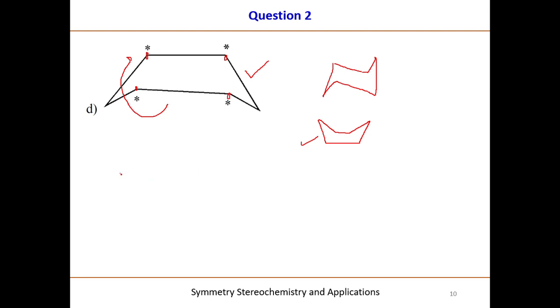Let's draw it. This carbon is the backside one. I will draw a little bit bigger. This is the backside carbon, and this is the front side carbon.